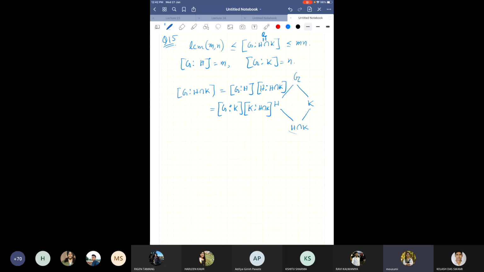So basically, this is equal to L, I have assumed. So I am getting that L is equal to M times some P1 and L is also equal to N times some P2. So from here, can you at least get the lower inequality?